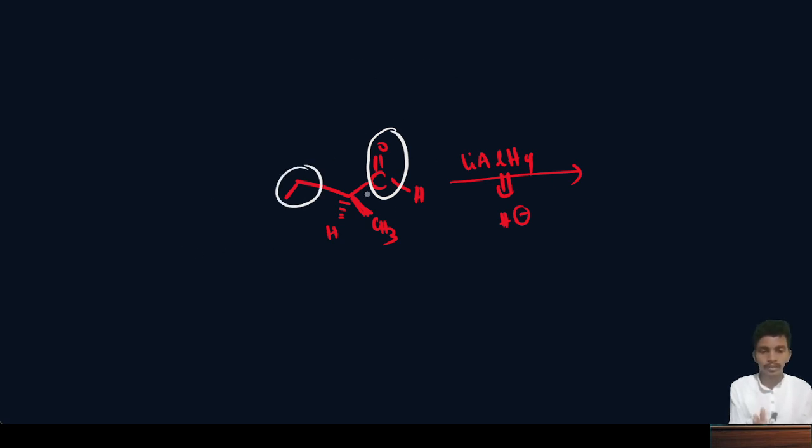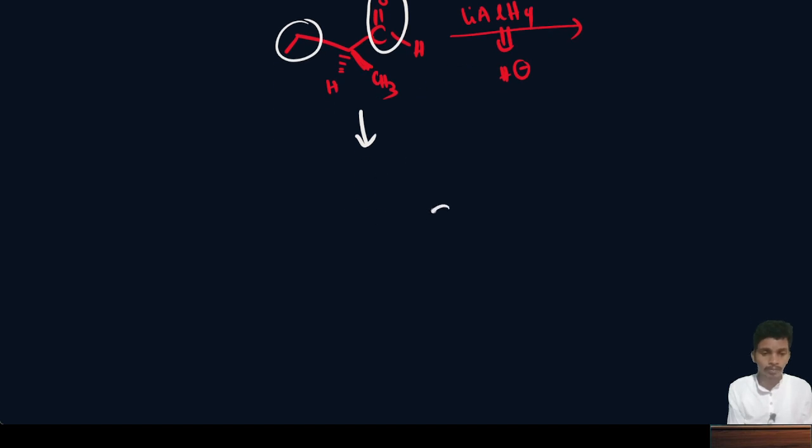Whether it is syn or anti, what we do is convert it into this form: this is CO and this is H, and it converts into here H, and here it is CH3. So now this is syn to these groups.